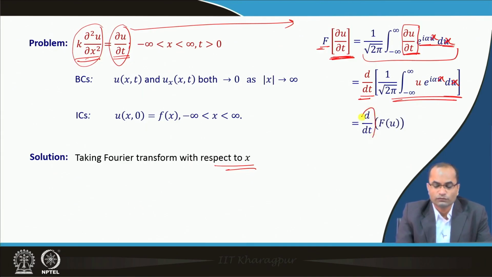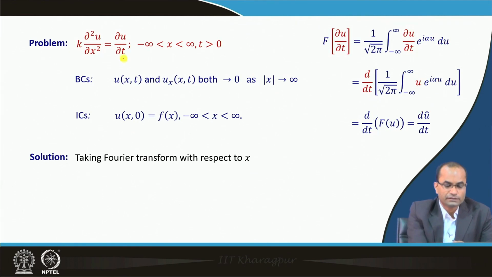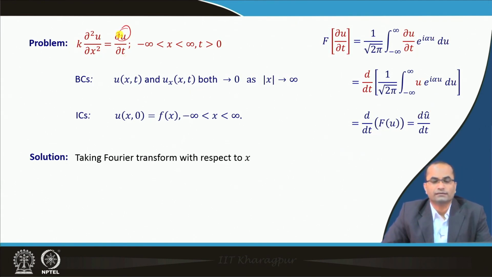So the right hand side will still have del over del t, and u will become u hat, because we are taking the transform with respect to x and not touching t.